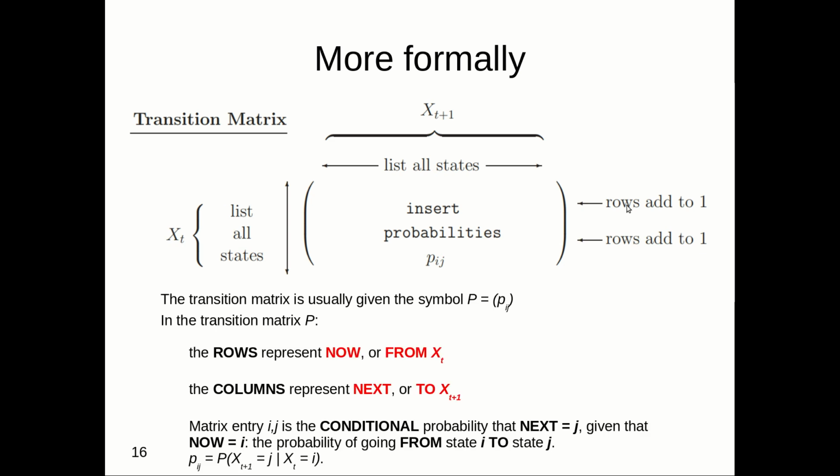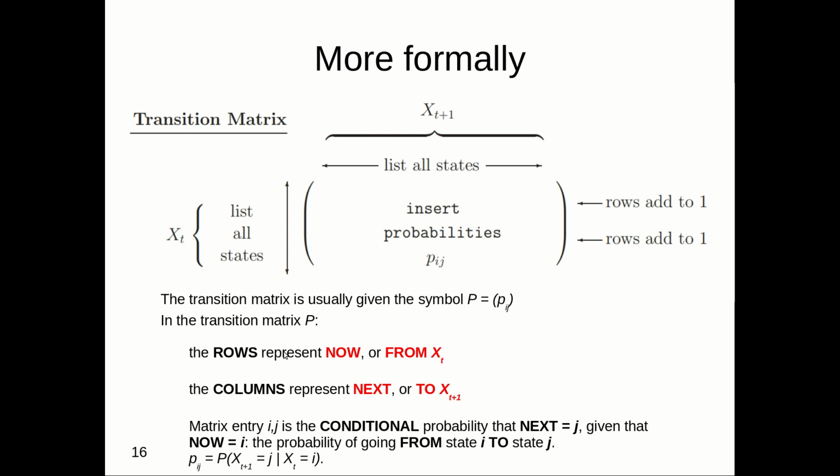I'll explain a little bit later why that has to be the case. So this transition matrix is usually given the symbol P, and it contains the state transition probabilities from going to state i to state j.